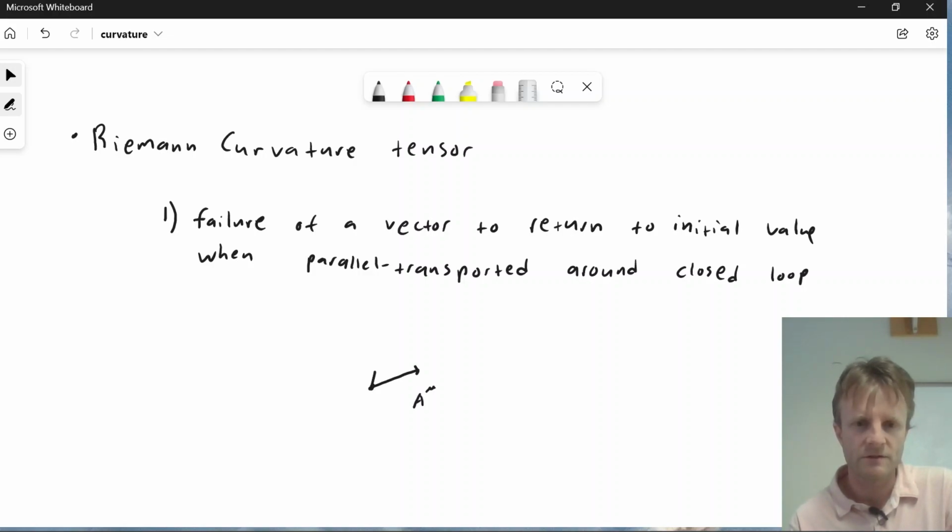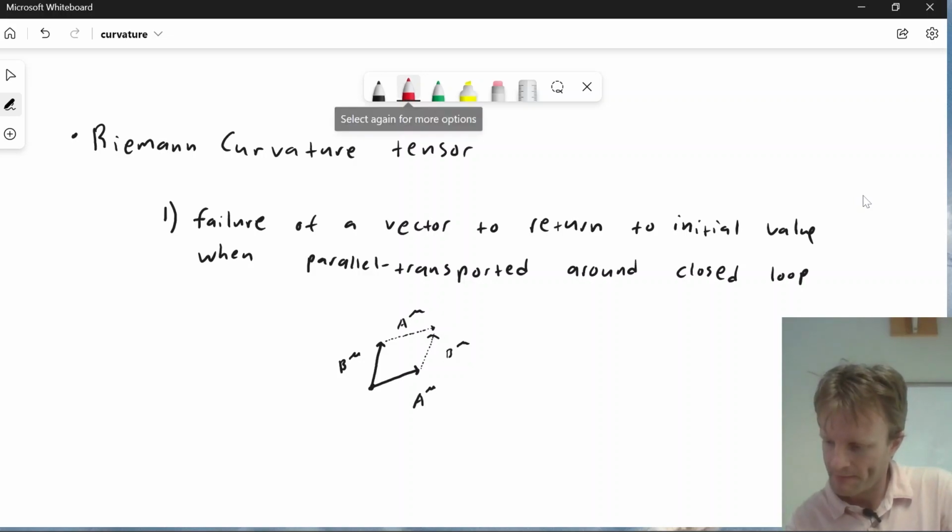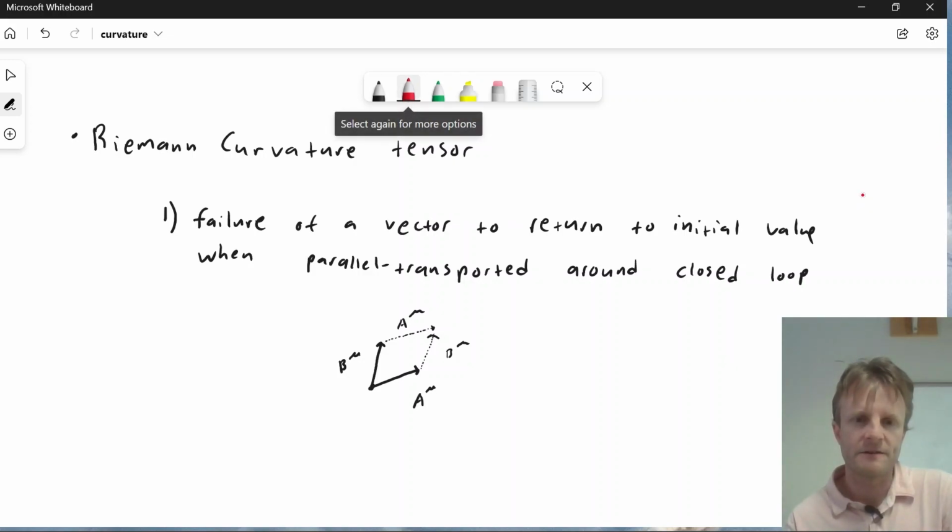Here's another vector field, B mu. And you define a loop, which is the same type of thing we did for the commutator. This is also B mu. This is also approximately A mu.